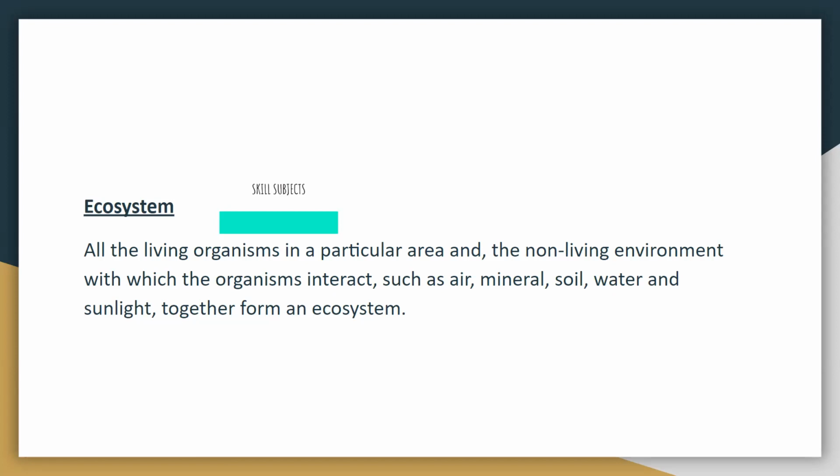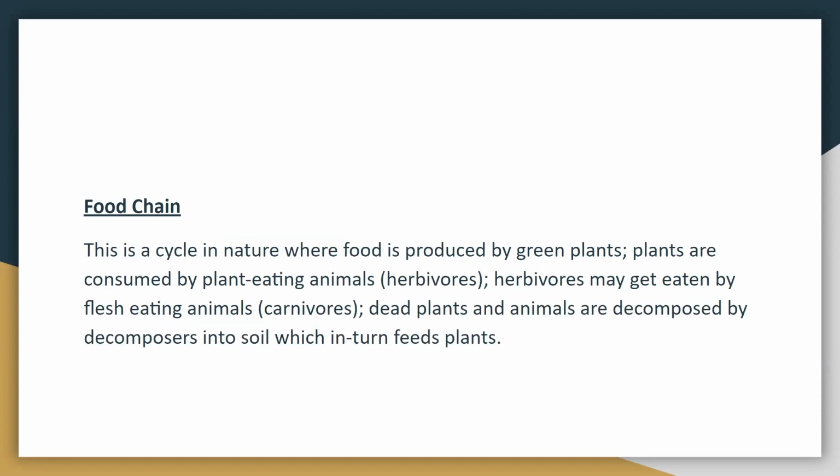So all the living organisms in a particular area and the non-living environment with which the organisms interact. So I, being a living organism, live where I have a non-living environment around me. And this environment consists of air, water, soil, minerals, sunlight. They're all part of my ecosystem. Without them, I cannot survive.